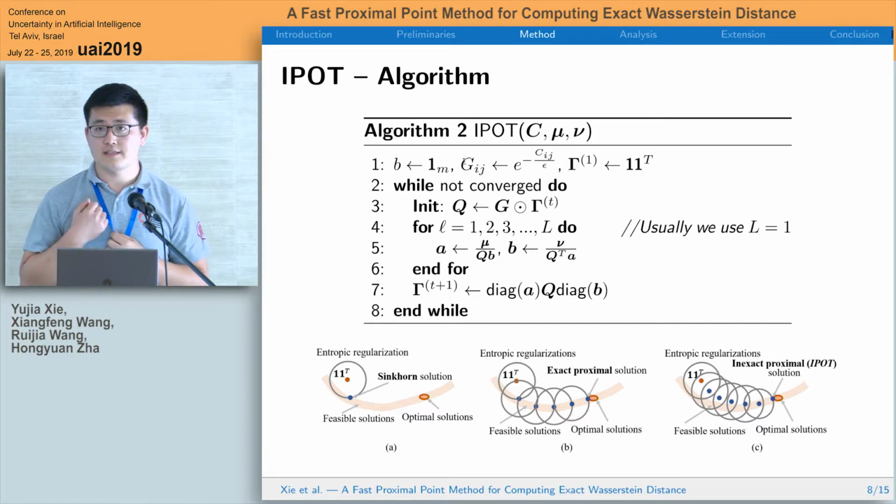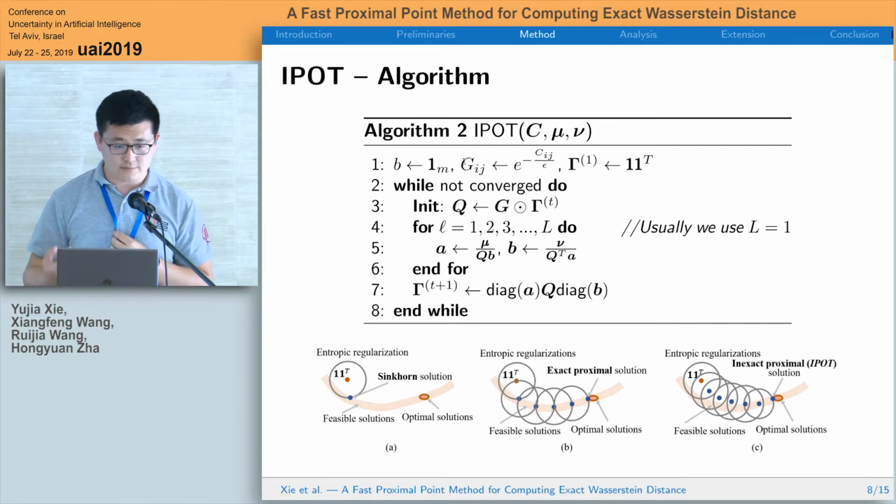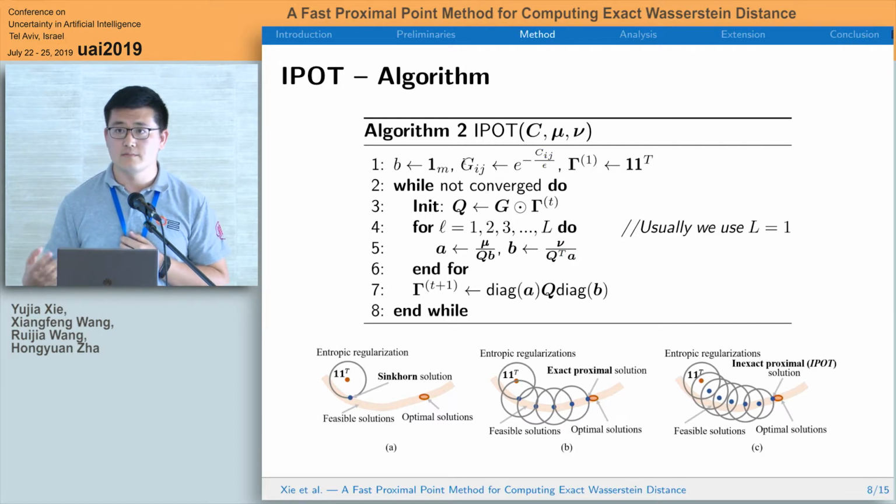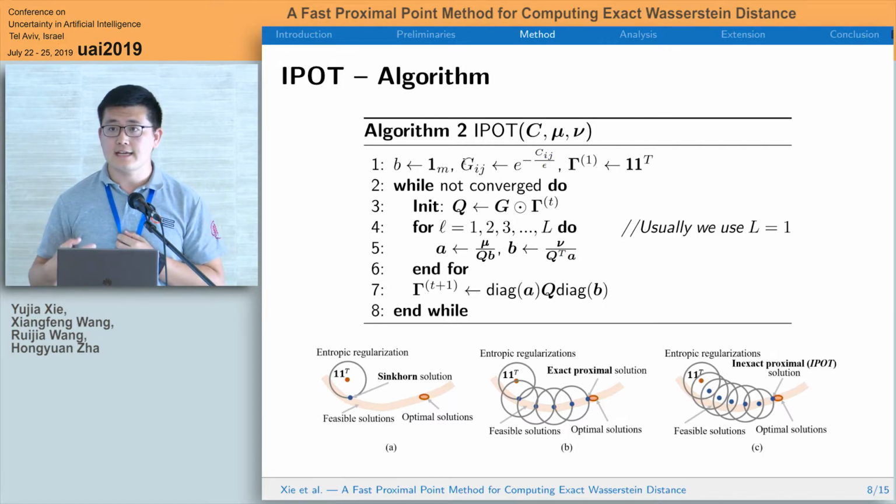However, if we use the proximal point method, and in each iteration we use Sinkhorn to get the exact solution of each subproblem, we can obtain the exact solution of the optimal transport problem. If the inexact technique is introduced, we can also obtain the exact optimal transport solution, but with a few more outer iterations.